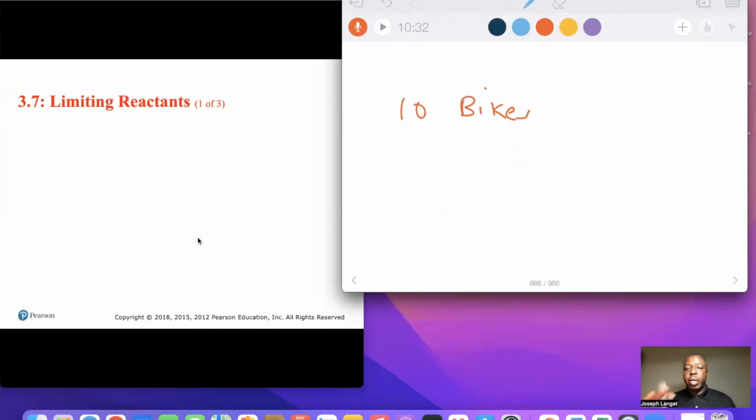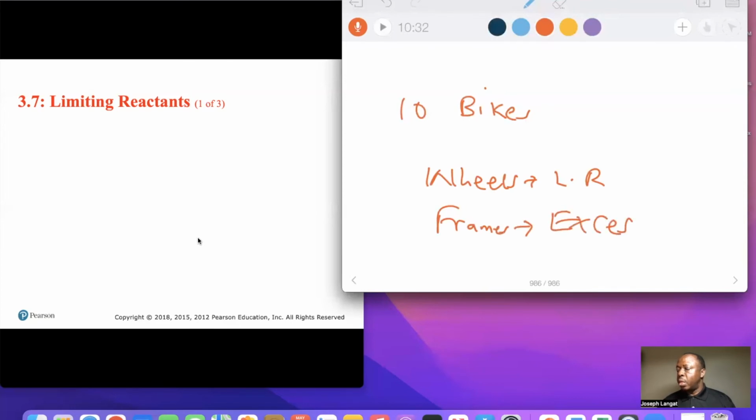So if this was a chemical reaction, we say that the wheels will be the limiting reagent, and the frames the excess reagent or reactant. And then there will be 10 left.